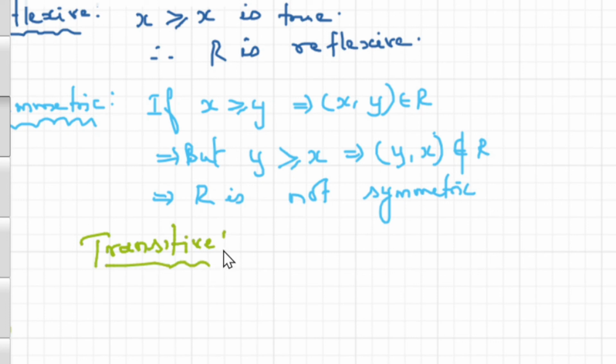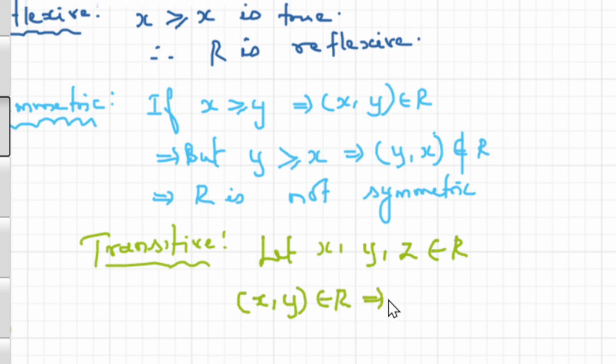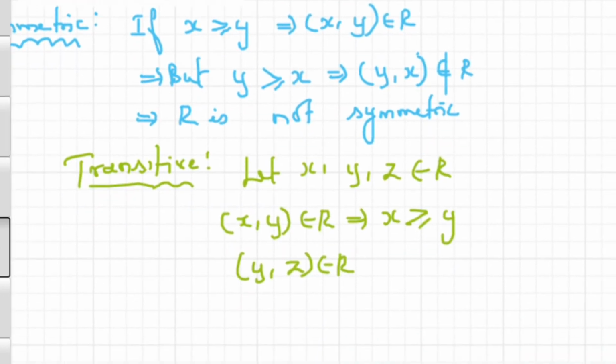Here we are going to have three elements. Let us take x, y, z belongs to R. So if we have x comma y belongs to R, that implies x is greater than or equal to y. And if y comma z belongs to R, that implies y is greater than or equal to z.